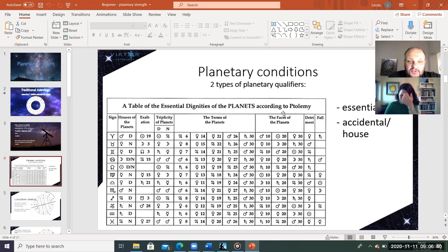So, Tsveti, what do you think about rulership? What shall we know about rulership? Well, the rulership is actually when the planet is in the sign which is ruled by it. So it gives the greatest essential dignity for the planet. It will be showing that the person is able to actually perform and manifest this planet in its greatest potential, because it will be like being at home.